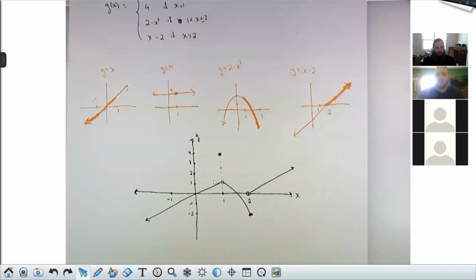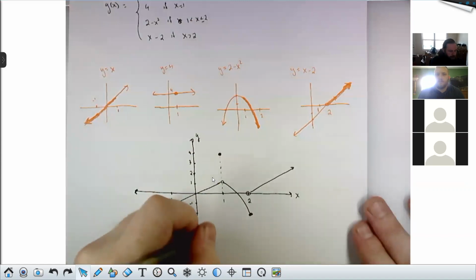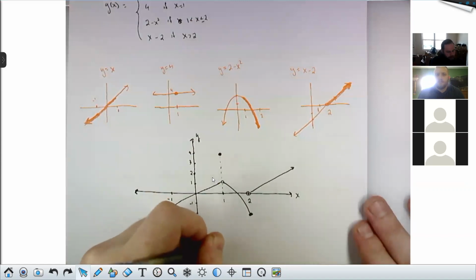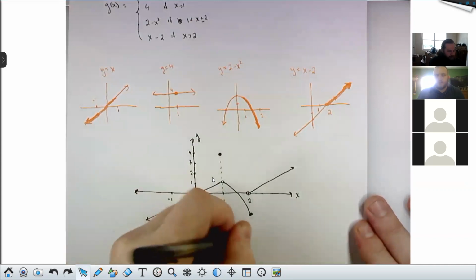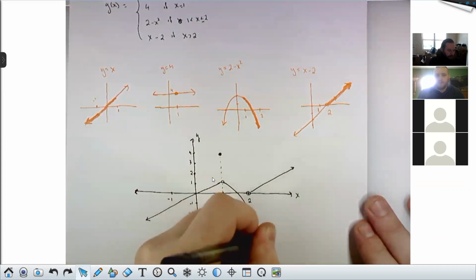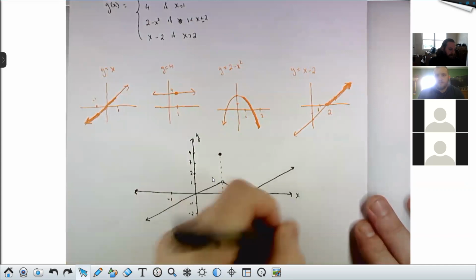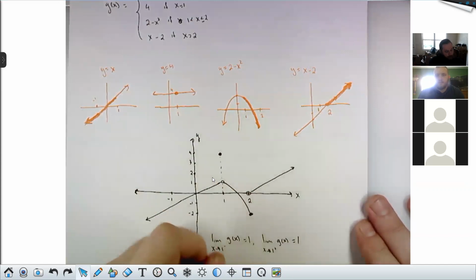So the limit from the left and the limit from the right: lim x to 1 minus of g of x is equal to 1, and lim x to 1 plus of g of x is also equal to 1. And so from that, we could say that the overall limit, lim as x goes to 1 of g of x, does exist and is equal to 1.